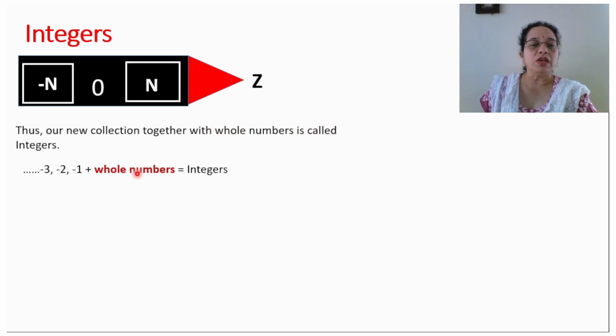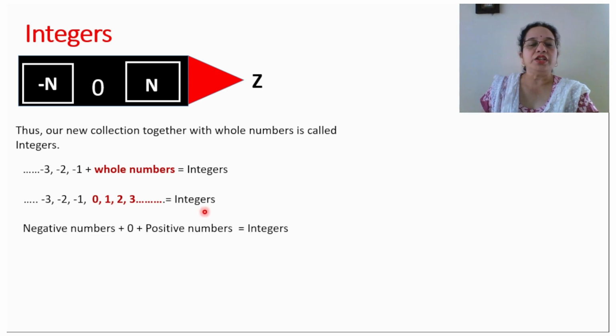These are the whole numbers and all these negative numbers minus 3, minus 2, minus 1, and the dots indicate infinite numbers towards the left-hand side. So the negative numbers plus whole numbers make integers. Again, whole numbers we can replace by 0, 1, 2, 3. It means all the negative numbers, 0 and all the positive numbers make integers.